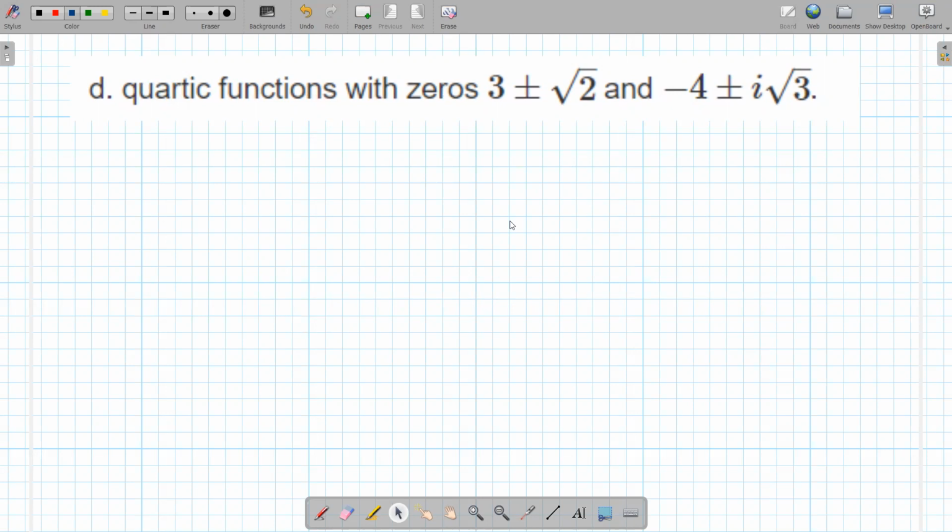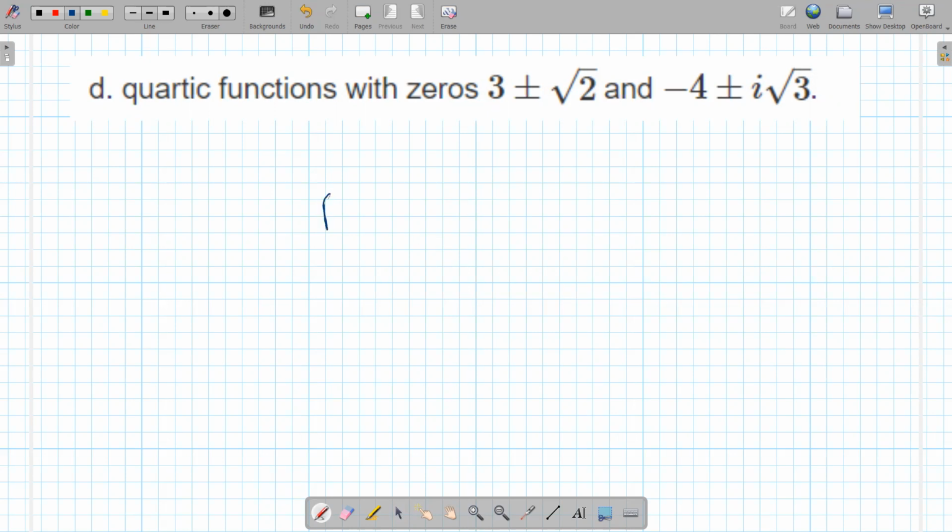It's going to be degree 4. And then for the zeros, can you put it in as 3 plus minus square root of 2? No, you can't do that. One zero at a time.